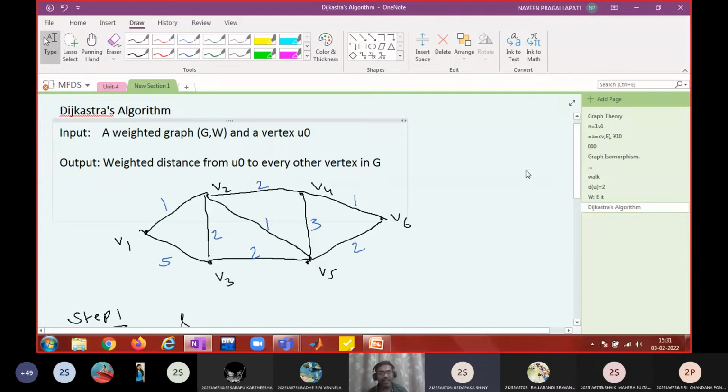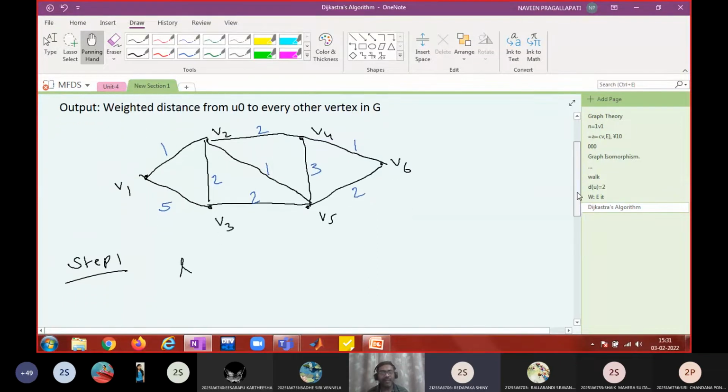With which vertex you want to start, that you may call u0. I may want to start with v1, or v6, or v5. I may want to find out the distance from v5 to all other vertices. What kind of distance? Distance itself means the shortest distance.